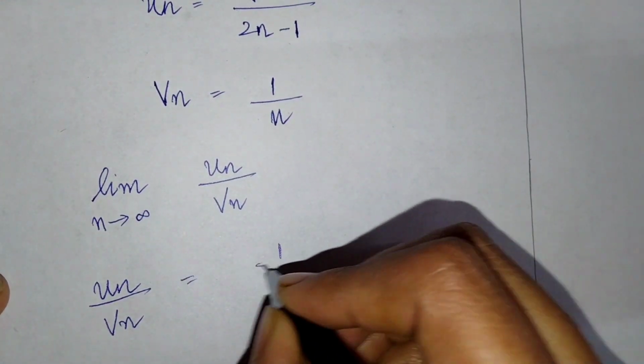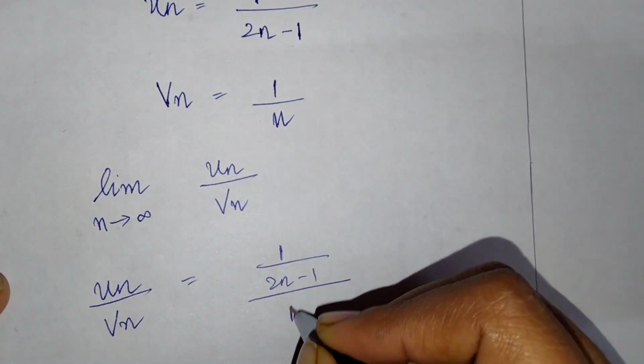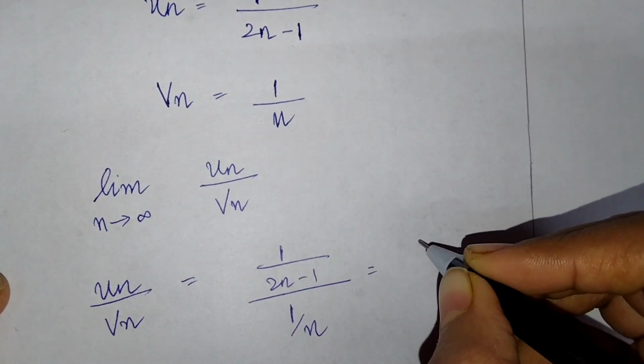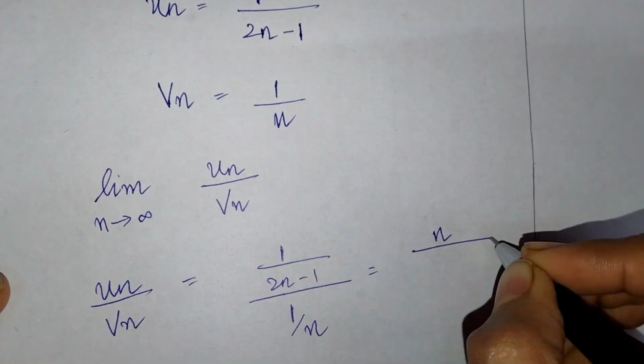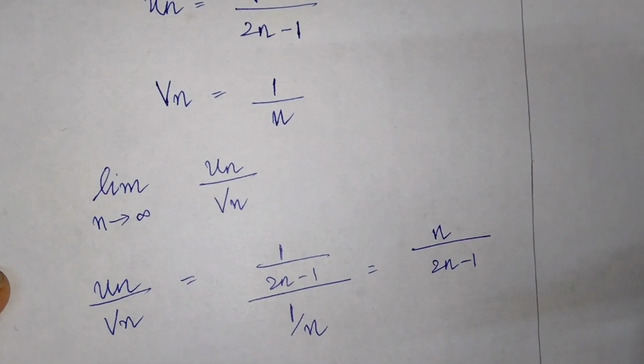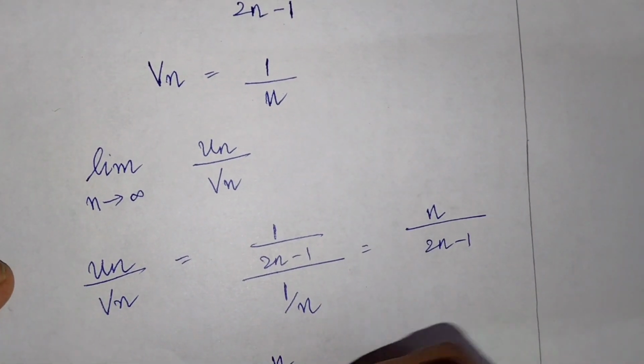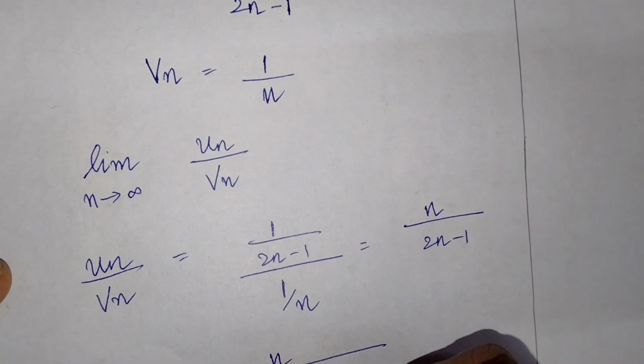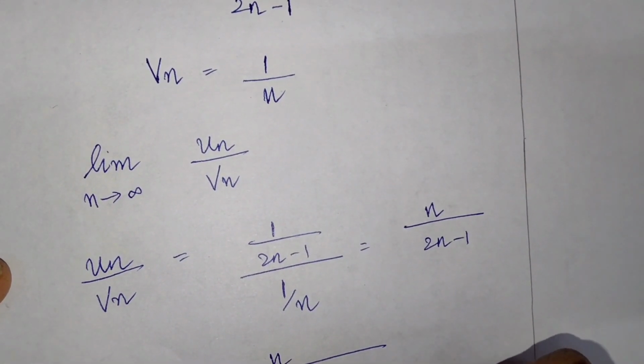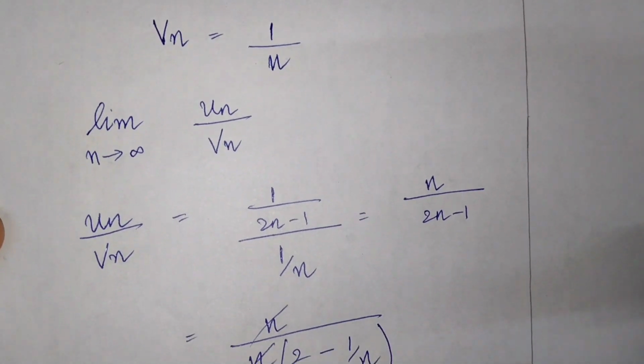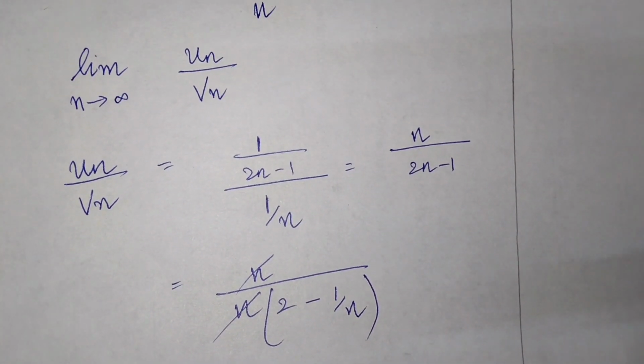So Un is 1 upon 2n minus 1 divided by 1 by n. So I can rewrite this equation as n upon 2n minus 1. And if we take n common from the denominator part, then we get 2 minus 1 by n. This n and this n will get cancelled.